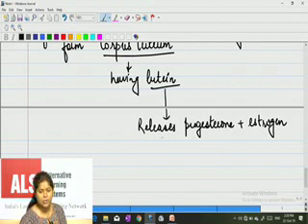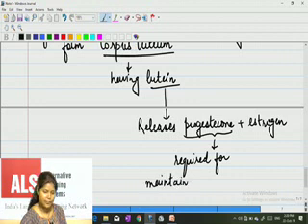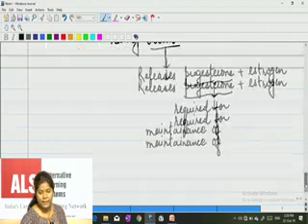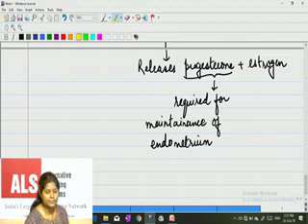What is progesterone supposedly doing? It is required for maintenance of endometrium.